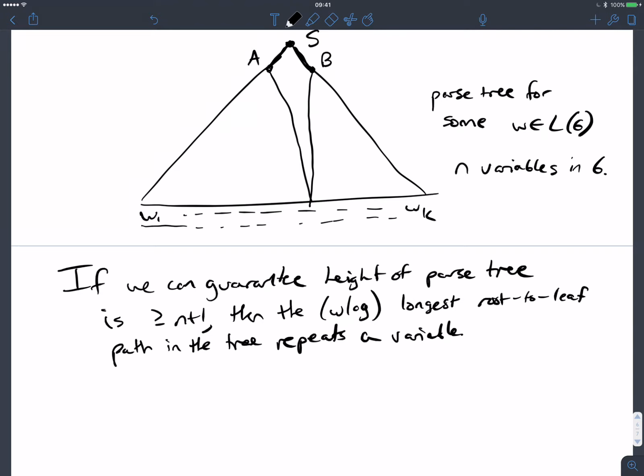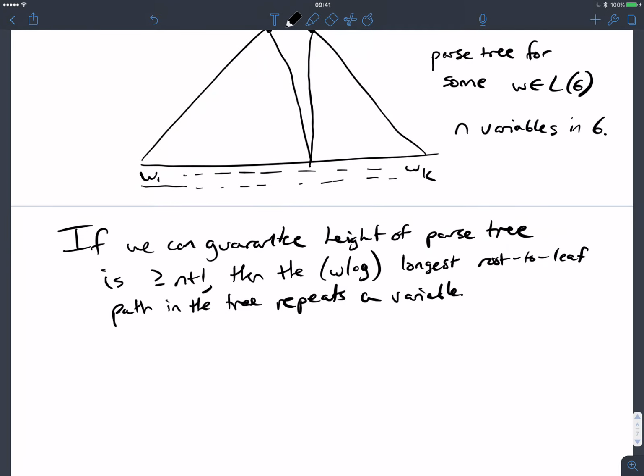Okay, so what does the tree look like, just to recap? It's the start variable at the top, and every internal node of the tree is going to have exactly 2 children, which are both variables, unless it's the variable right above the leaves in the tree, in which case it only has 1 child, which is that particular terminal.